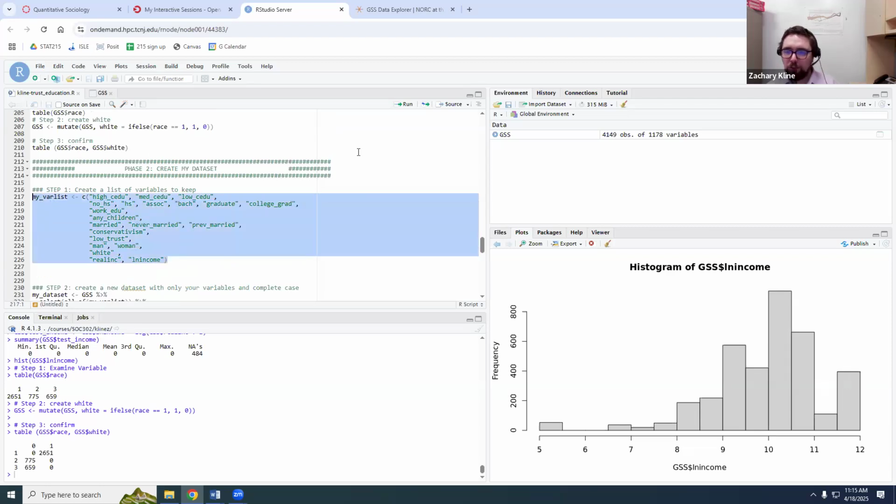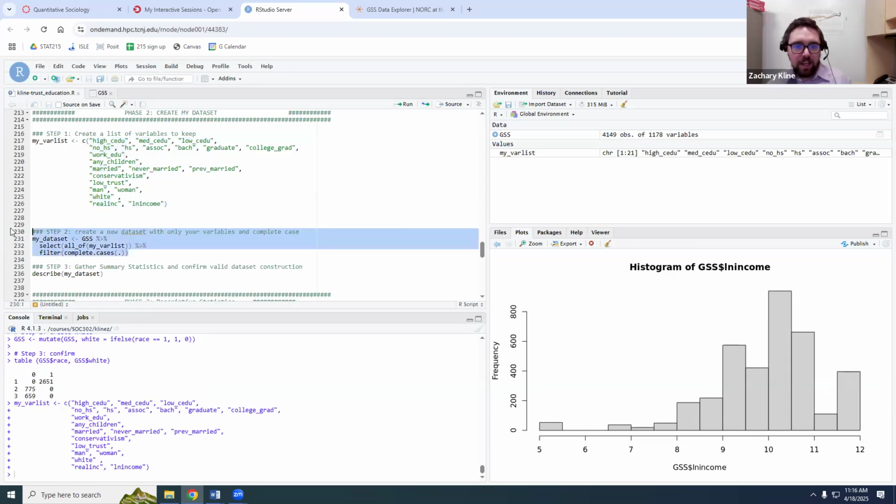It doesn't really matter if you want to include the unrecoded variables, but it can just make everything a little bit simpler if we slim it down to only the variables we're actually going to use in our analyses. And then we're going to create a data set that only includes the variables in this list, and it only includes observations for which we have complete case information. So observations for which we have information on all of the variables in this list.